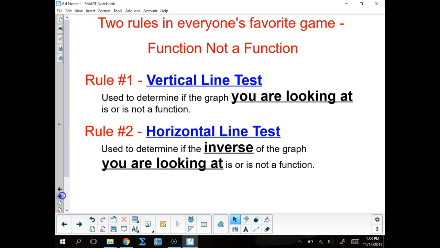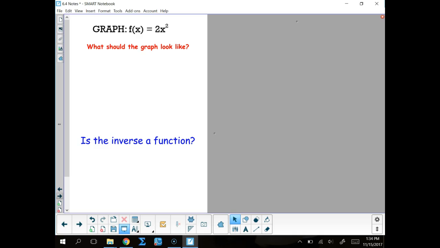Okay. Let's try one. F of x equals 2x squared. Based off of your knowledge, what should that graph look like? The sides go up the same direction.